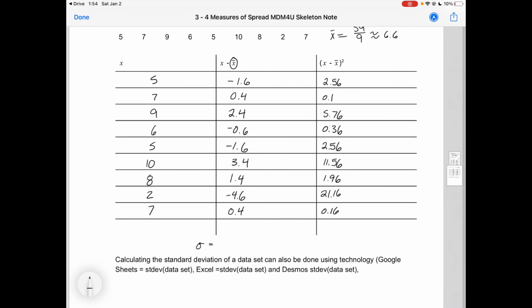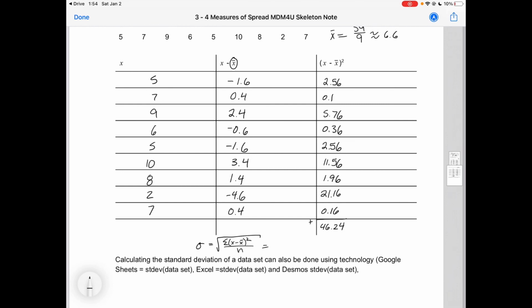So our standard deviation is going to be the sum of the squares of our deviations divided by the number of our data points, and then the square root of that. So what we need to do is add up our third column to get our sum here, which is 46.24.